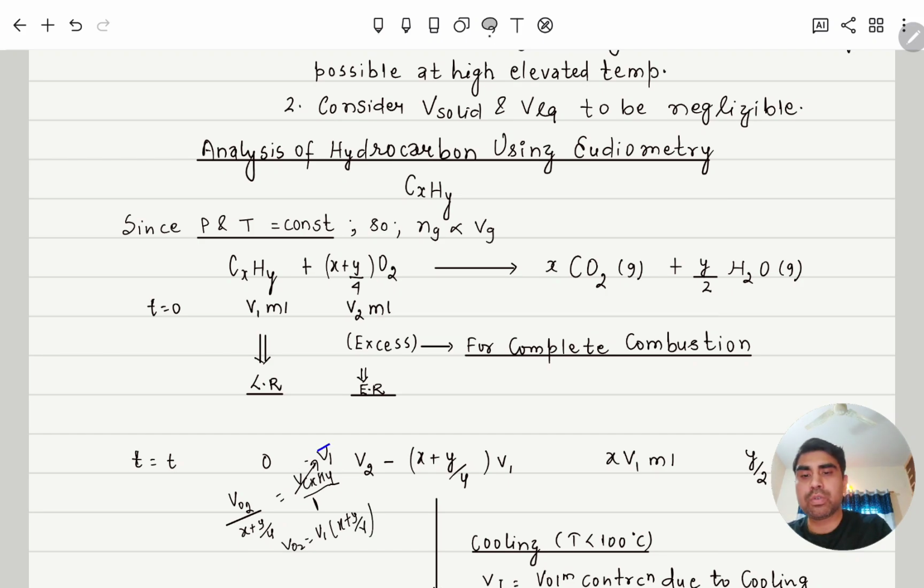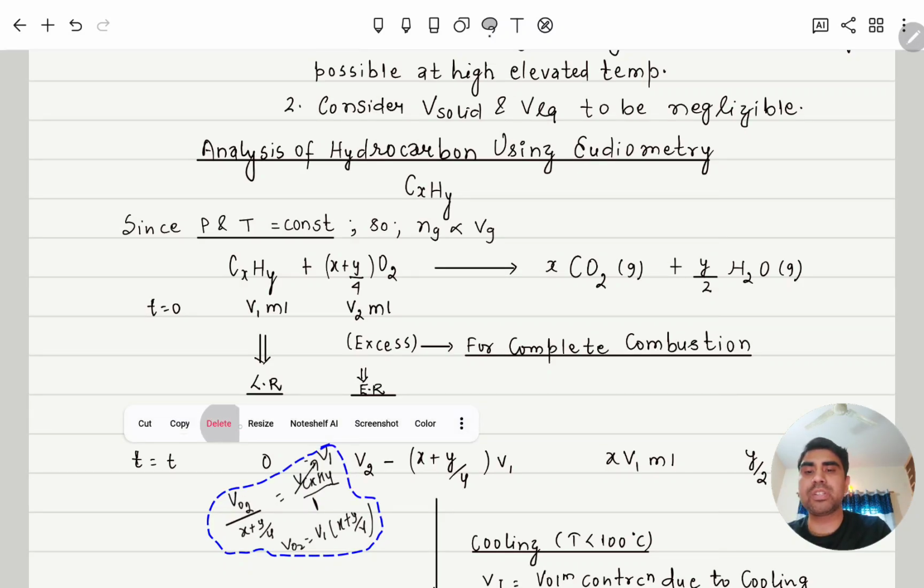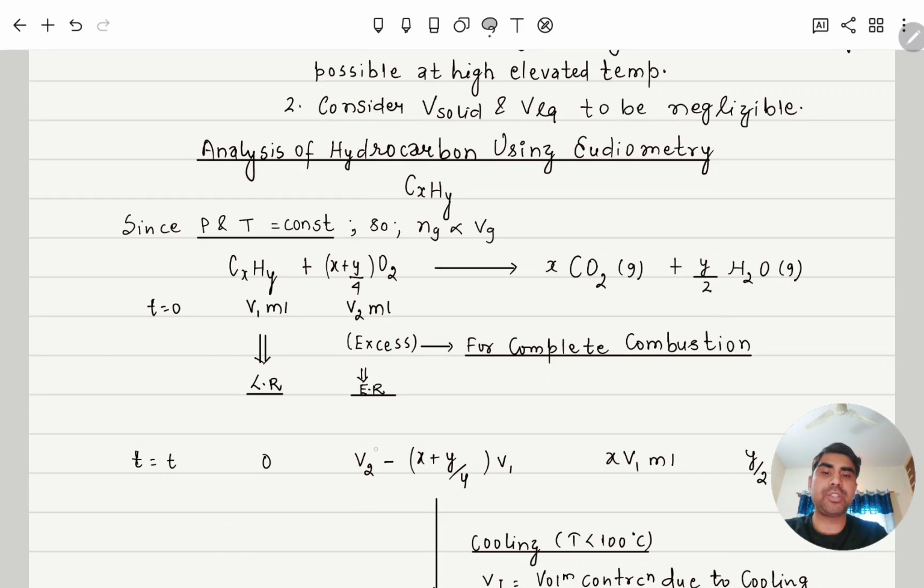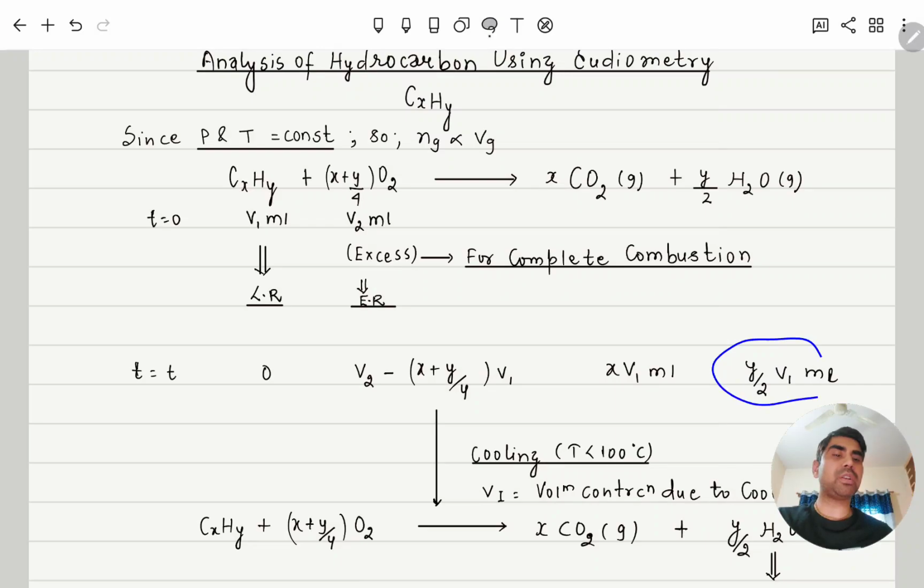Understood? Since O2 is in excess, how much is remaining? V2 minus x plus y by 4 V1. And how much is formed? Through the limiting reagent only we do mole or volume analysis. It is 1 mole, forming x mole, so it will form x V1 of CO2, and y by 2 V1 of water.